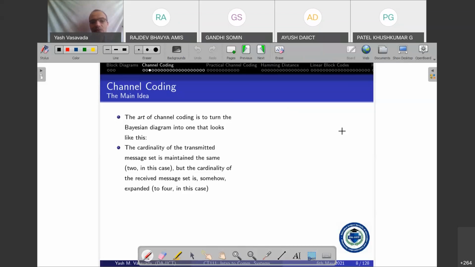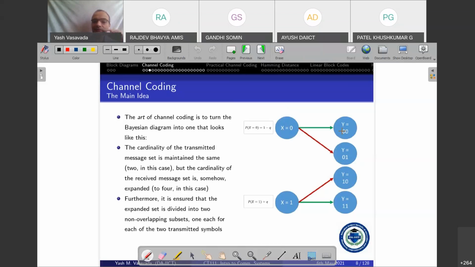So if I draw a diagram of an ideal channel coding scheme, it would look like this. The transmitter symbols are still zeros and ones, but at the receiver, I now have 4 symbols.